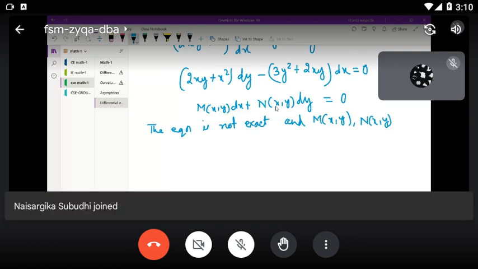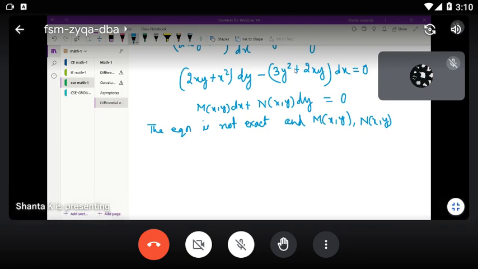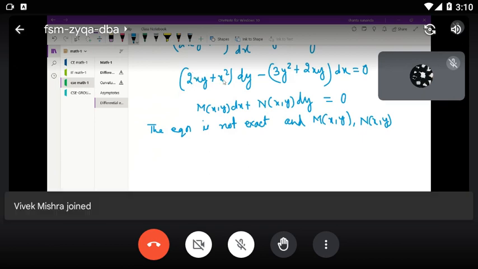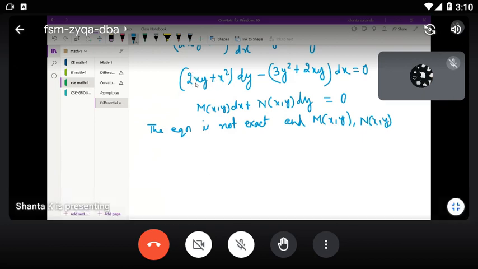See, the equation is not exact. You can see here. So here del M by del y will be 6y plus 2x. Okay, minus is there. And del N by del x will be 2x. And here we have 2x, 4x. So here, sorry, this will be del N by del x. So here 2y plus 2x. So they are not equal, not exact.